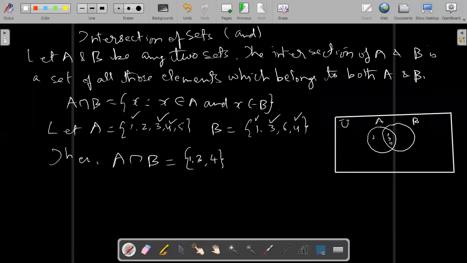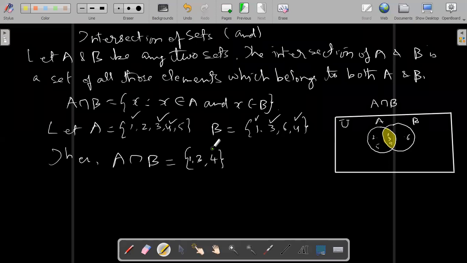After that, 2 and 5 are left in A, and 6 is in B. But you are showing only A intersection B in this Venn diagram. For union you shade the full portion, here you shade only the common portion. This is showing that it is A intersection B.